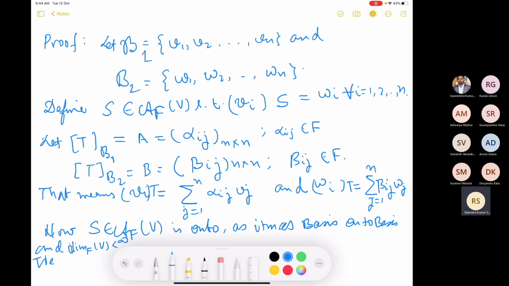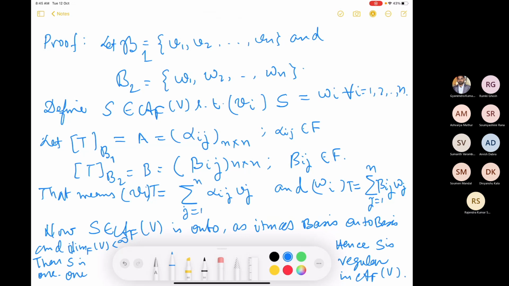So S is one-to-one also, and hence S is regular. S is an invertible linear transformation.